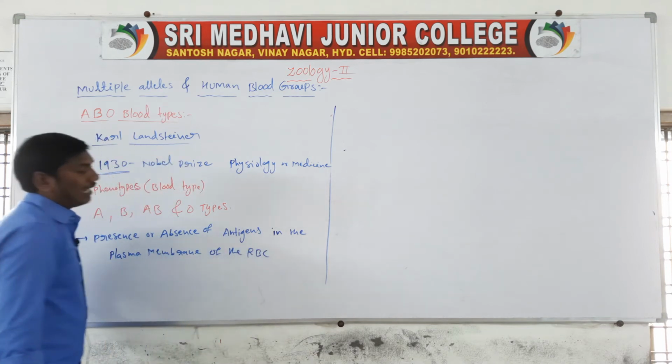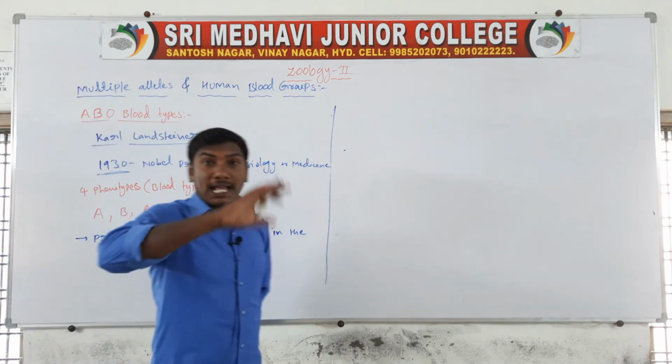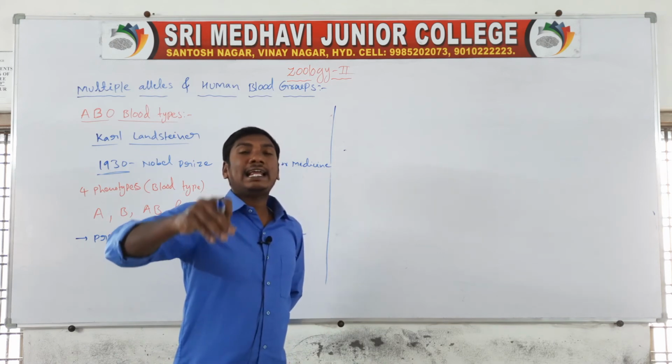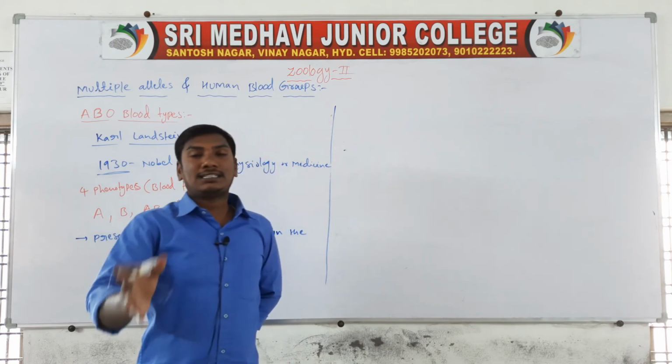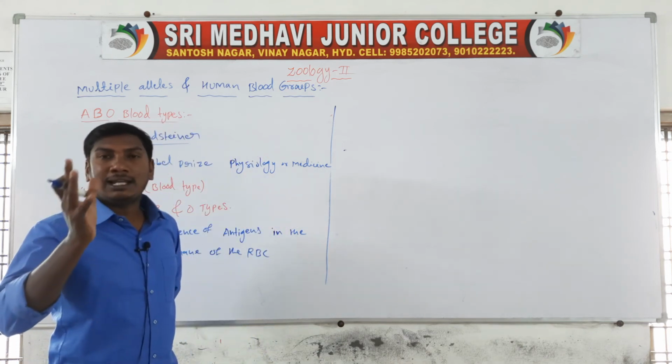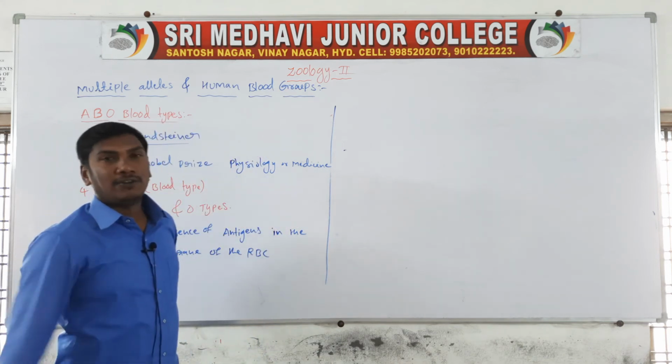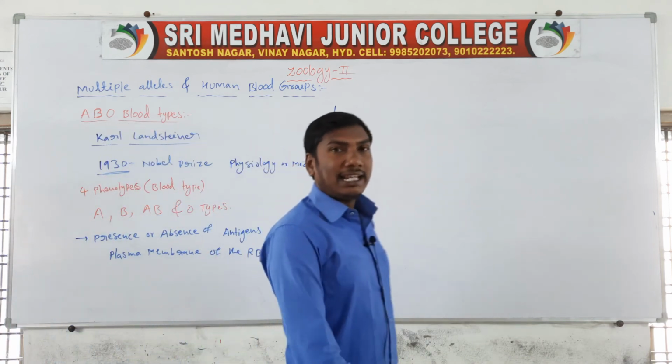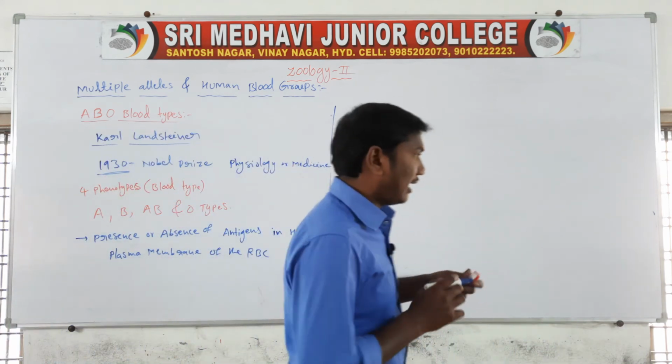The red blood cell plasma membrane contains antigens, present or absent, and based on this, the blood groups are of four types.